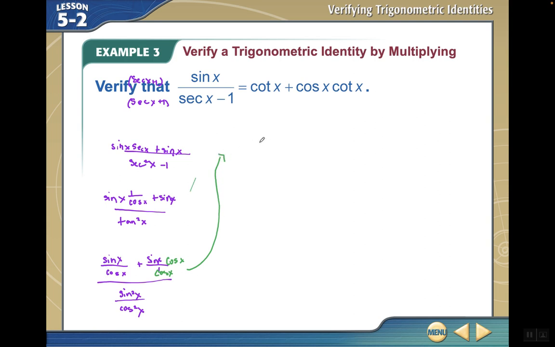So when I combine the numerator of this whole thing, we have sine x plus sine x cosine x over cosine, and then that's all over sine squared over cosine squared.